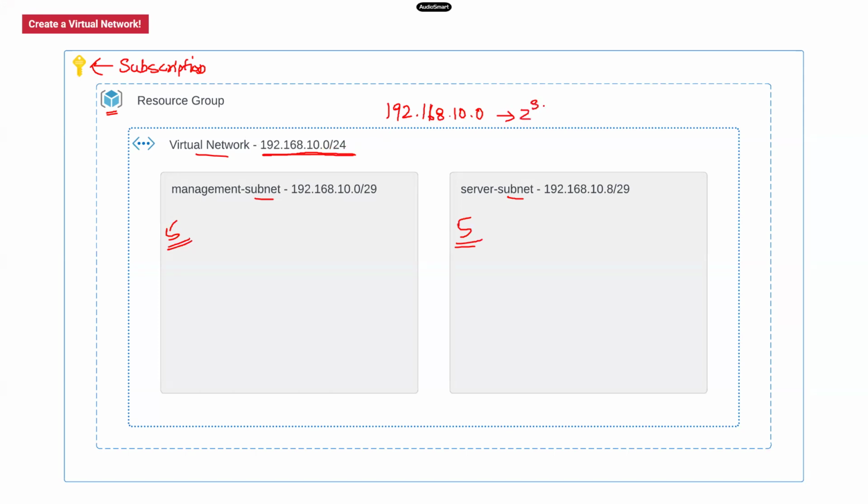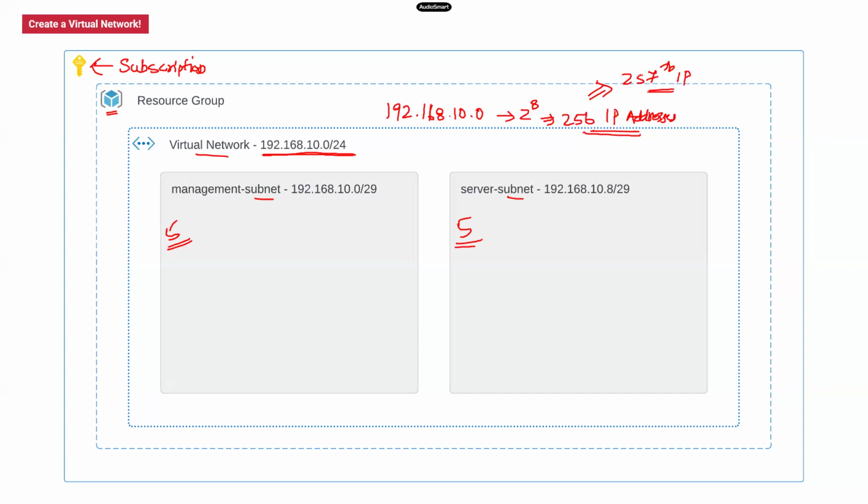As I said, 2 raised to 8, which means 256 IP addresses. So this virtual network can accommodate this many addresses. And if we are thinking to provide the 257th IP, it will show that this IP is not available.